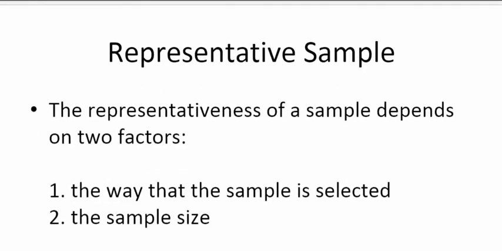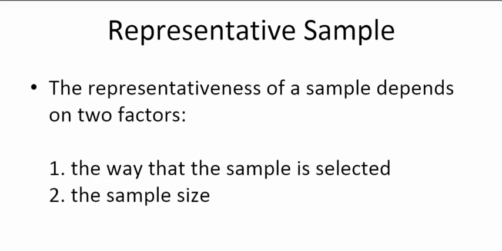So now let's talk about what affects the representativeness of a sample. The representativeness of a sample depends on two factors. First, it depends on the way that the sample is selected, and it also depends on the sample size. So let me talk about why the way that the sample is selected matters. If you want to get a representative sample, you should try to give all population members an equal chance of being chosen.